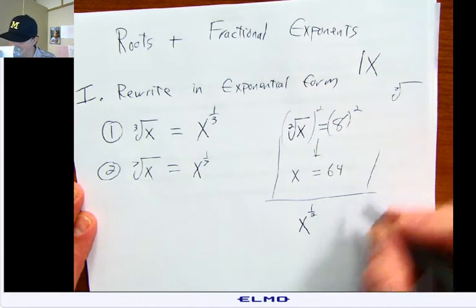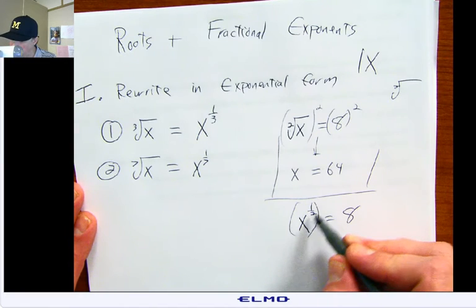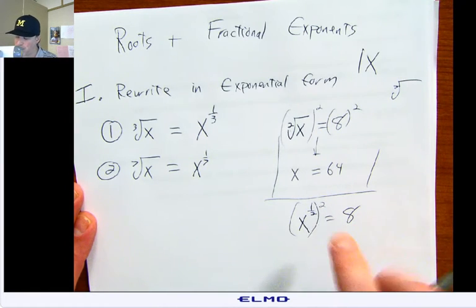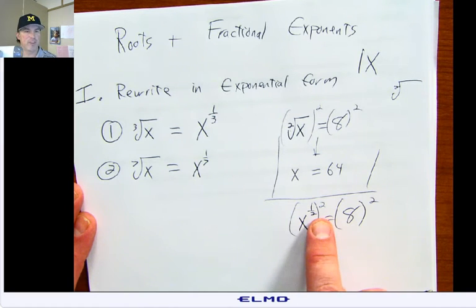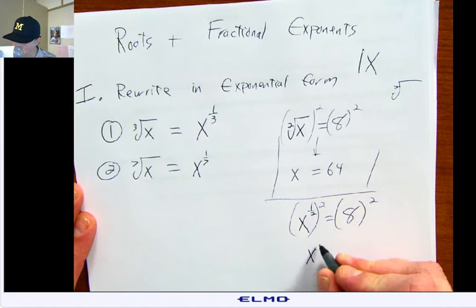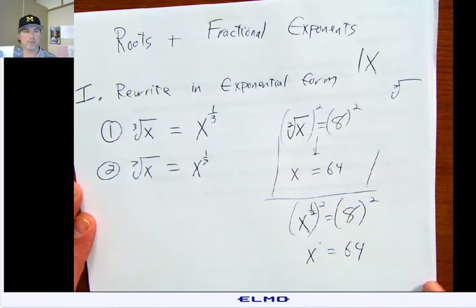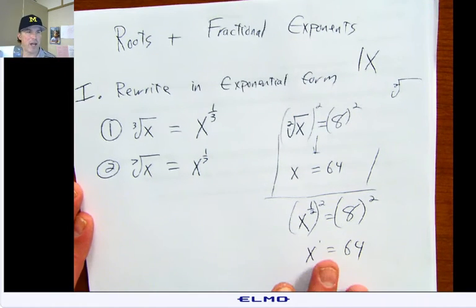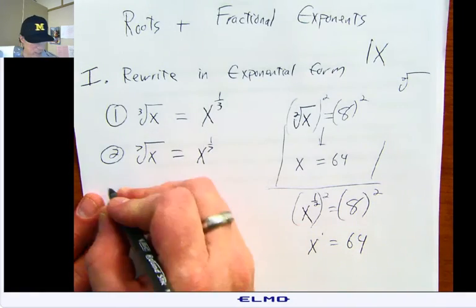And if I had x to the 1/2 equals 8, that's the same thing as the square root of x equals 8. Well, how would you get x by itself? By raising this to an exponent of 2. 1/2 times 2 is 1, so you get x to the 1, and 8 squared is 64. That's kind of the reasoning behind how a radical ends up like an exponent like that.